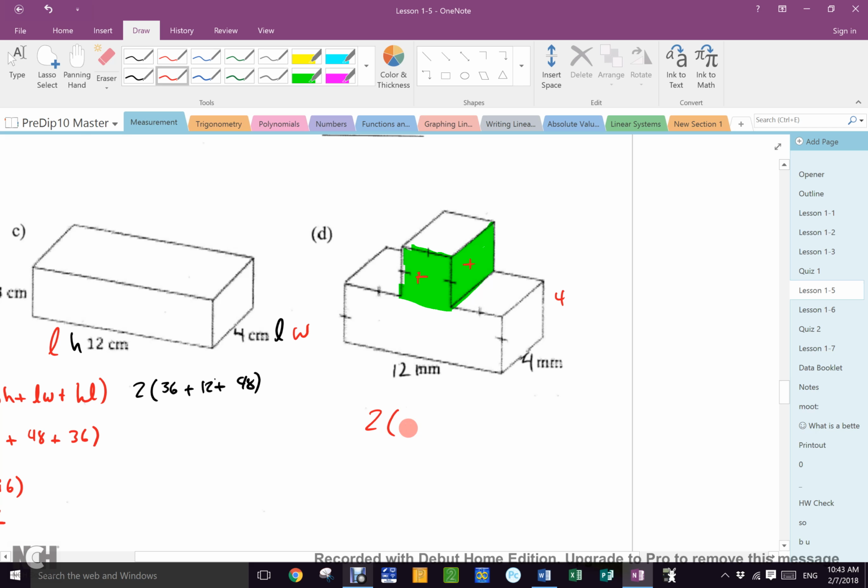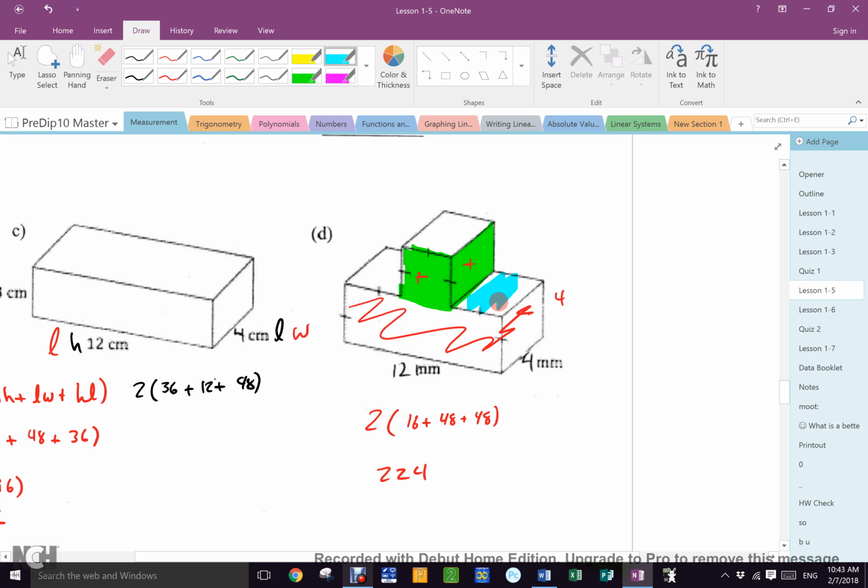So it's 2 times 4 times 4 is 16. Plus 4 times 12 is 48. Plus 4 times 12 again is 48. 96 and 16 is 112, right? Times 2. 224 covers the whole bottom, doesn't it?